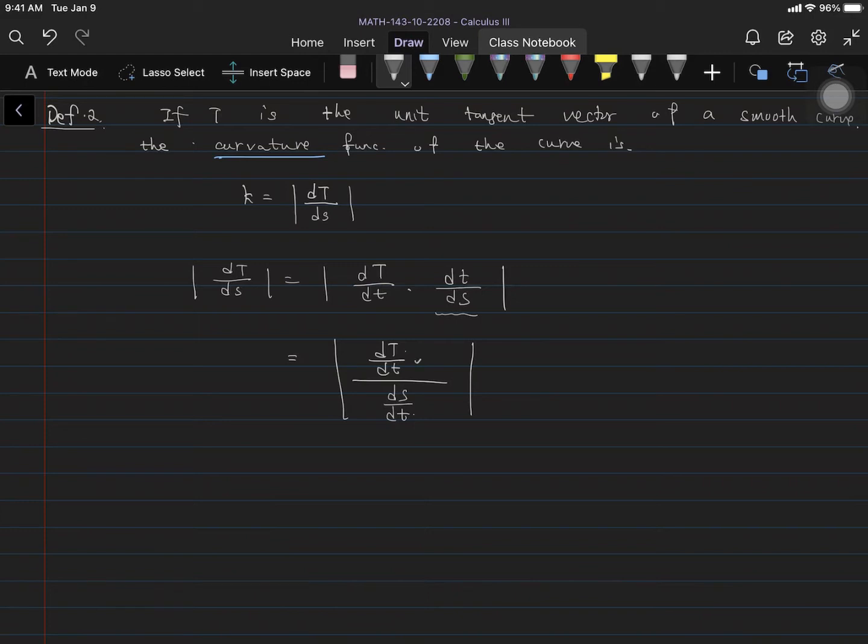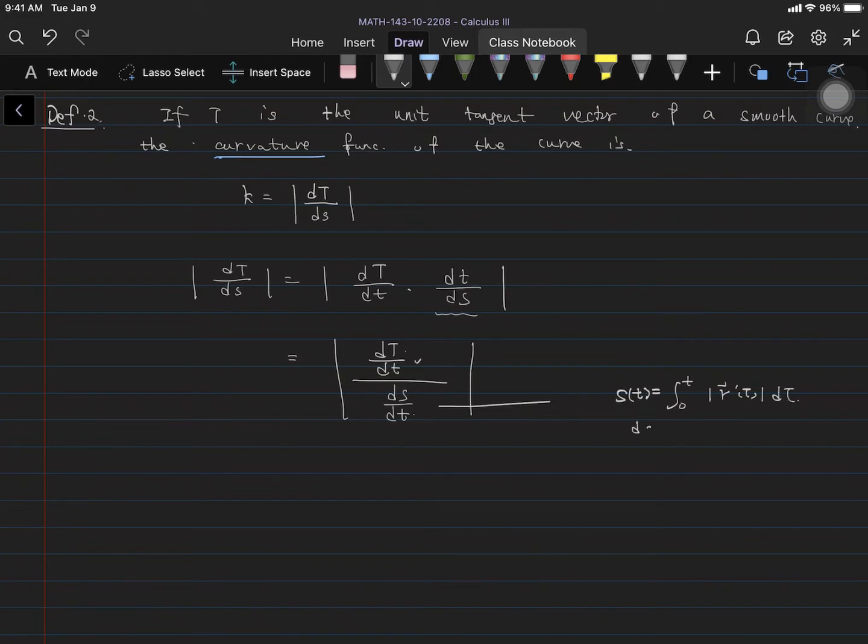Next, let's see what ds/dt is. Think about the meaning of this: it is the rate of change of the arc length. In the last class, we learned that s is the integral from 0 to t of the length of r prime tau d tau.